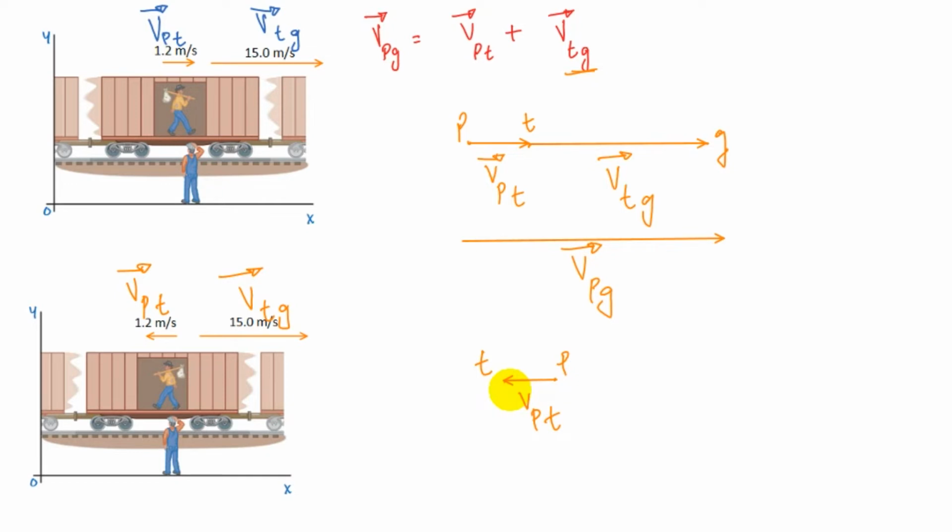So this would be something like that. This is T here and this is G, velocity of train with respect to ground. Now after adding it, we'll get a new vector, and this vector would represent velocity of a person with respect to ground.